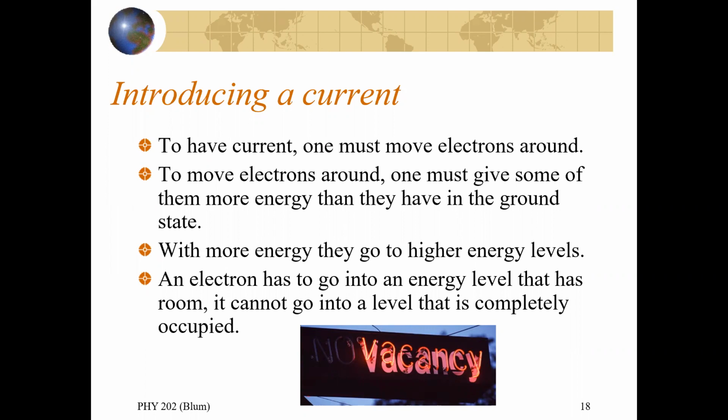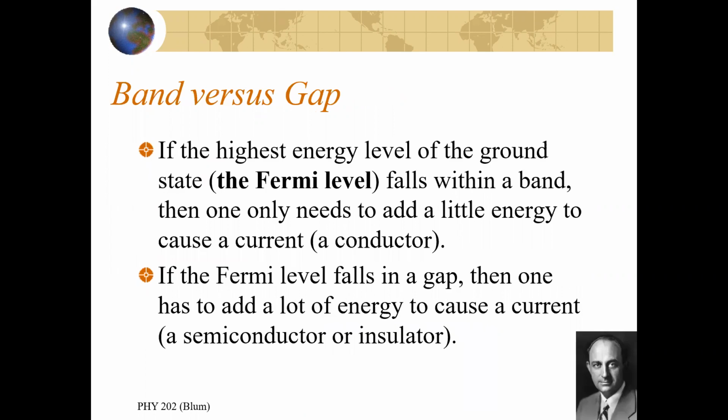So I have to pay a price in energy, but in a conductor, it's such a little change in energy, I just do it, it's easy. If it's a semiconductor, it's a little bit hard, but I can do it. If I'm an insulator, it's almost impossible. I can't do it. Okay.